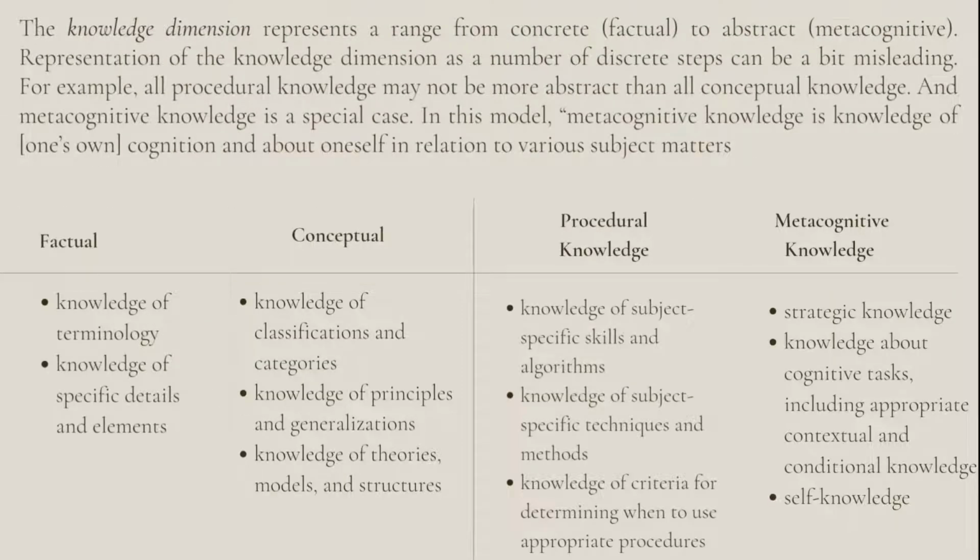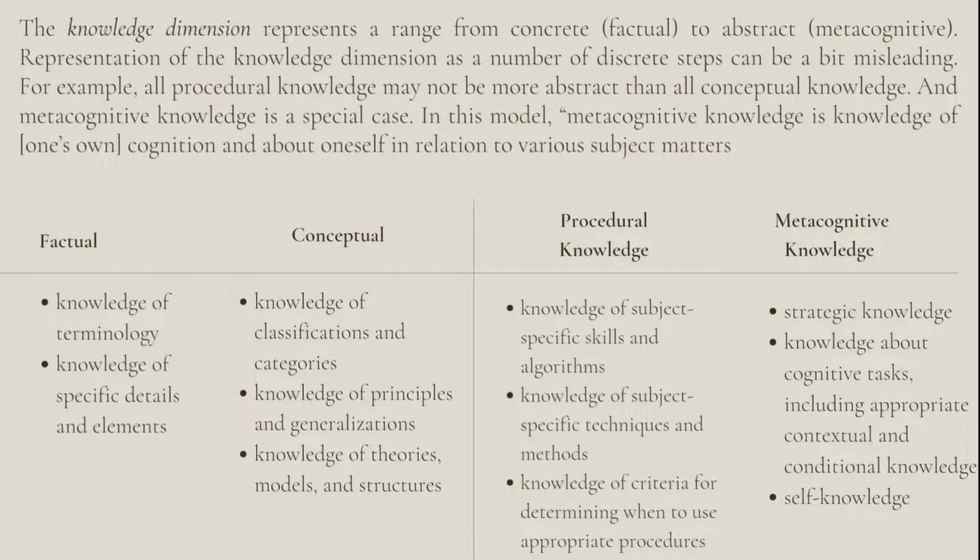We come now to the knowledge dimension. The knowledge dimension represents a range from concrete, which is factual, to abstract, which is metacognitive. Representation of the knowledge dimension as a number of discrete steps can be a bit misleading.